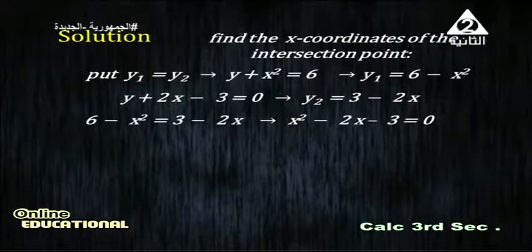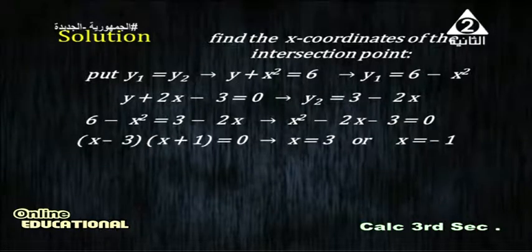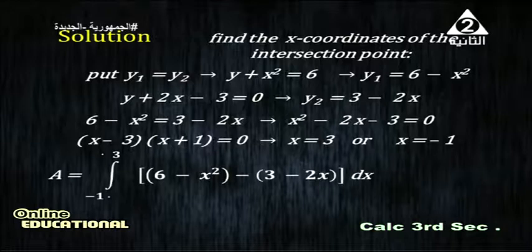We have an expression of second degree equals 0. We can solve this trinomial equation by opening two brackets: (x minus 3) multiplied by (x plus 1) equals 0. Then the value of x equals 3 or x equals negative 1. Then the area equals the definite integral of (6 minus x power 2) minus (3 minus 2x) dx from negative 1 to 3.